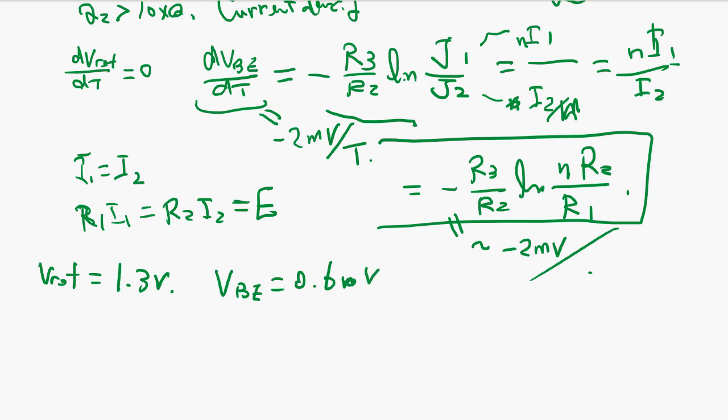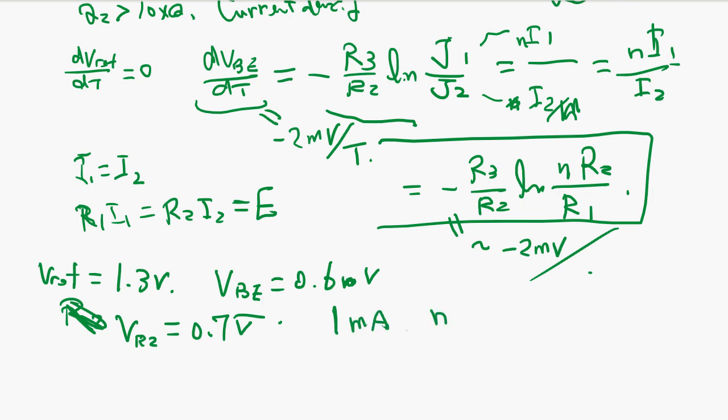So the voltage drop across R2 is 0.7 volt, and suppose we choose 1 milliamp, right?